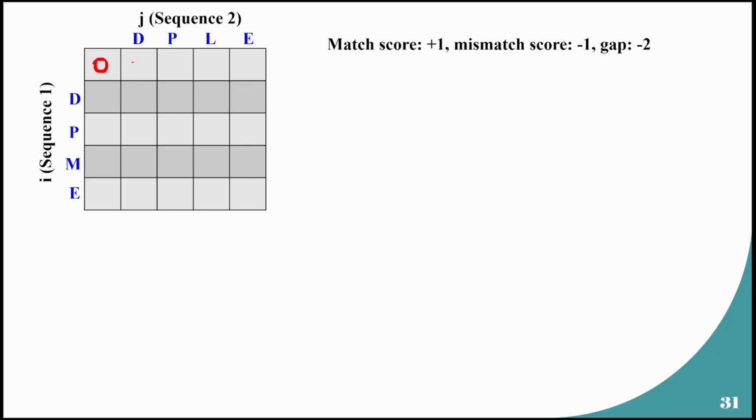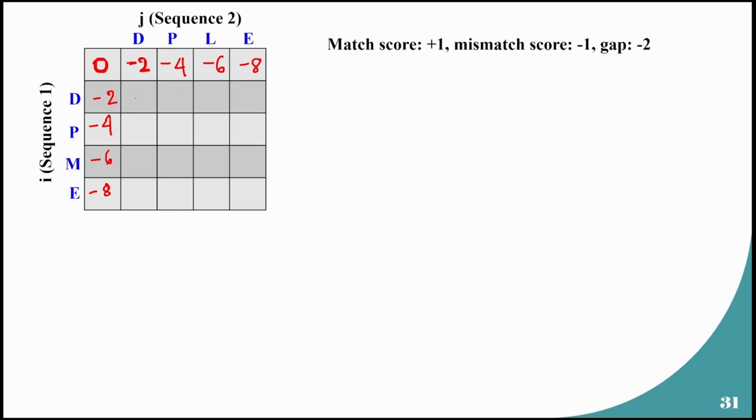You go along the first row, consecutively accumulating the gap score: -2, -4, -6, -8. Then again on the column, because horizontal jumps or vertical jumps both count as gaps: -2, -4, -6, -8. That fills out the first row and the first column.